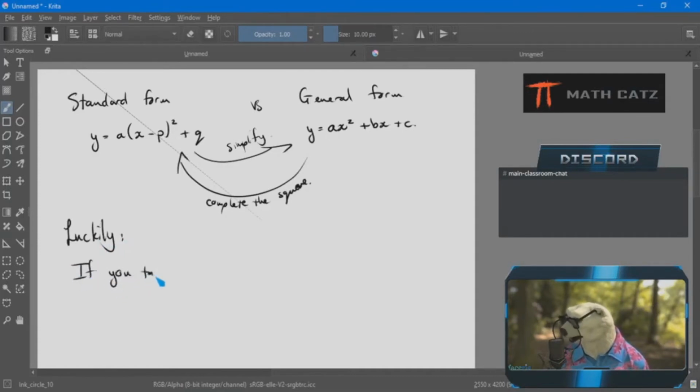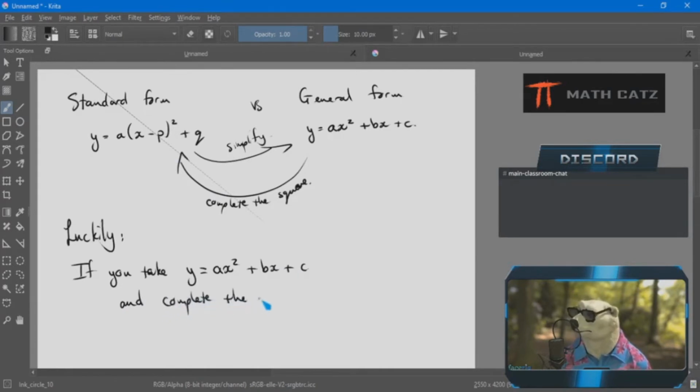if you take the general form without a specific example, y equals ax squared plus bx plus c, and you leave them general a, b, c, then you complete the square on that. So if you take that in general and complete the square without specific numbers, it's messy because everything's in symbols.